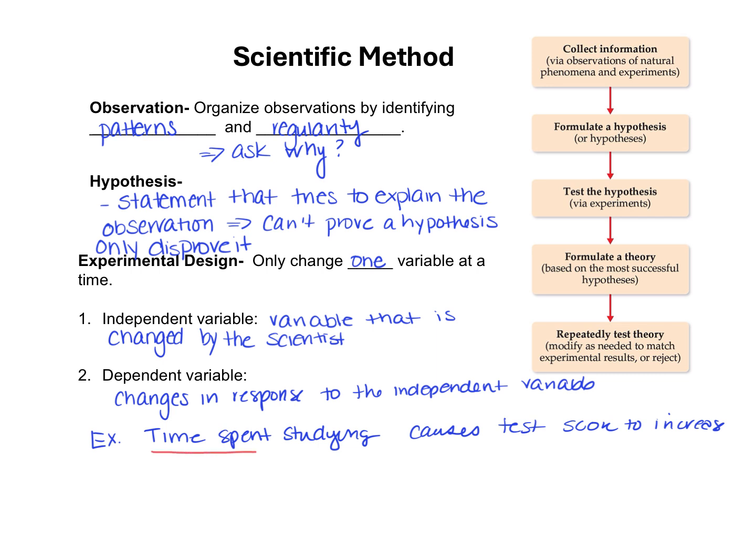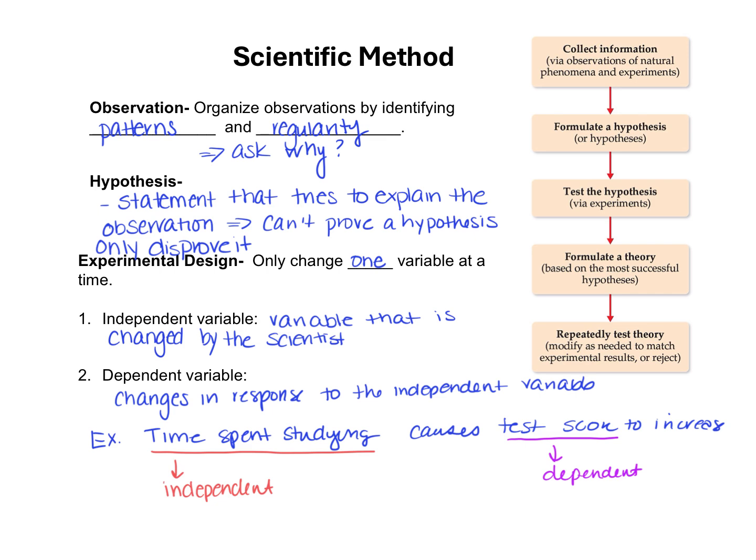The time spent studying is one, and the other thing that we can see a change with here is the test scores, right? The thing that the scientist is changing is the time that's spent studying. So that's independent. That's the thing that we have control over. And then the result of that is the value of the test score. And so that's an example of a dependent variable.